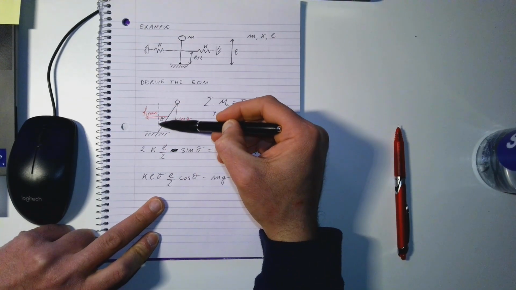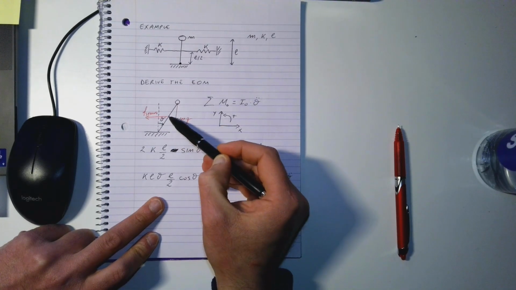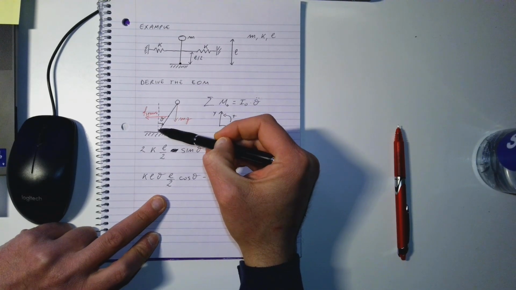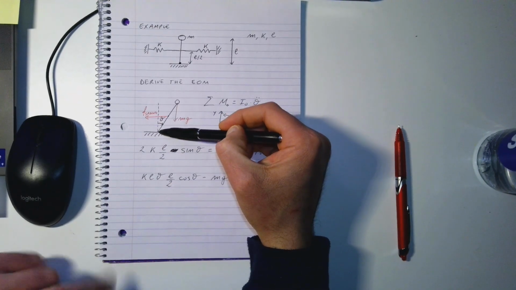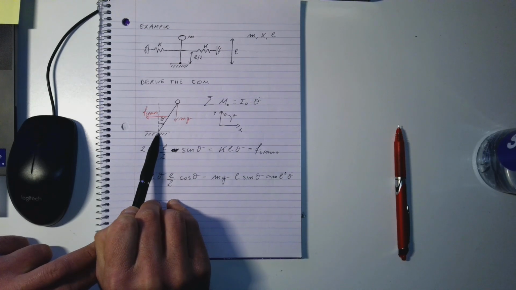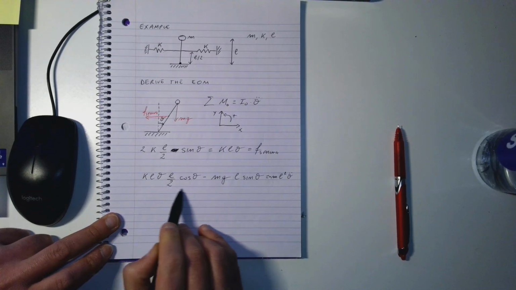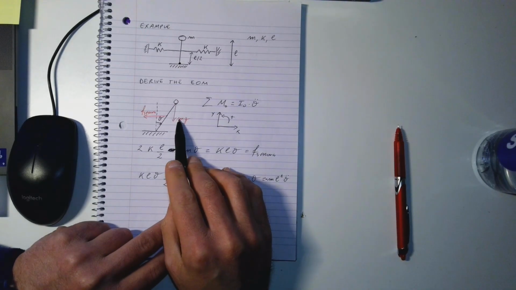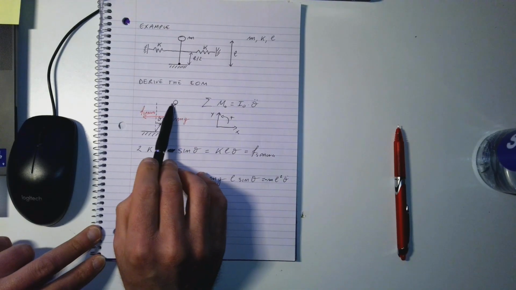So basically we are looking at this distance here. This is L over 2, so the projection of this here would be L over 2 times cosine of theta. So you need the product between this force and this distance to calculate the moment of this force with respect to this point. Right? Yeah, so this is the force and this is the distance. Similarly here, this mg is our force and L sine of theta is the distance, because now you have to look at this distance here.